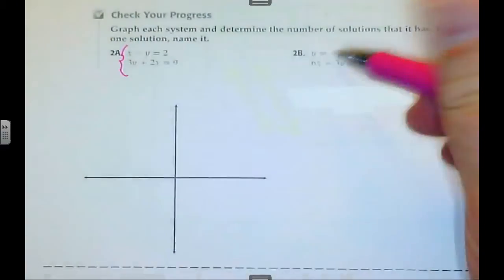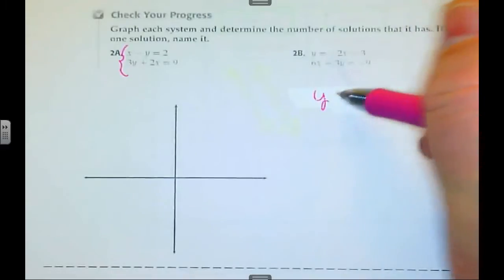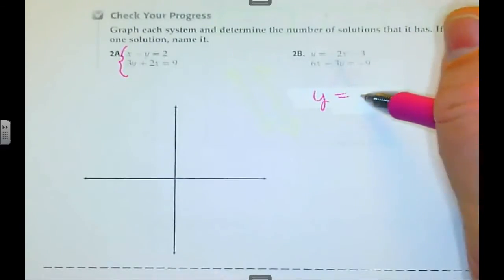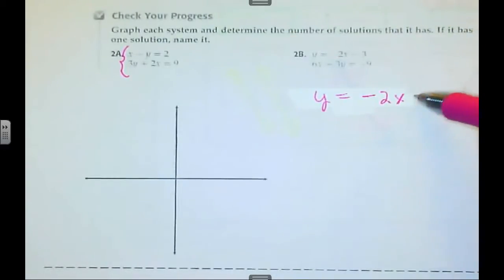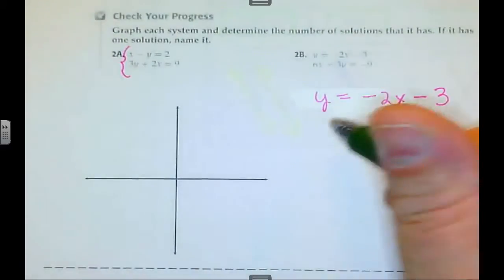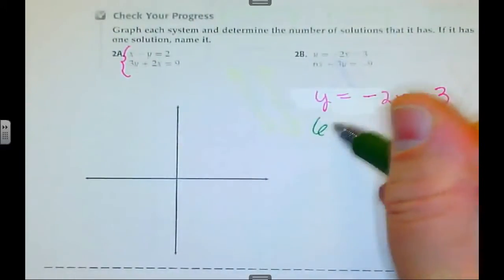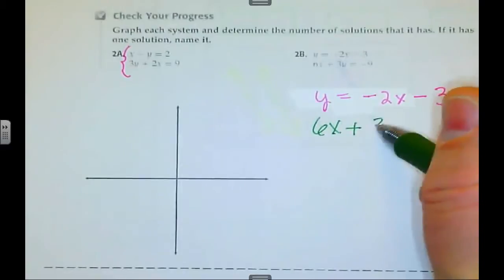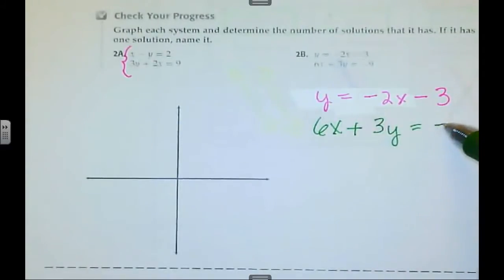Okay, so 2b, I have y equals negative 2x minus 3. And then I have 6x plus 3y equals negative 9.